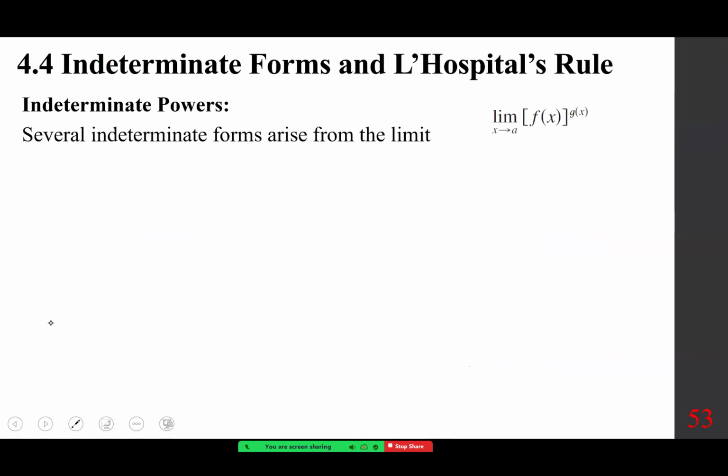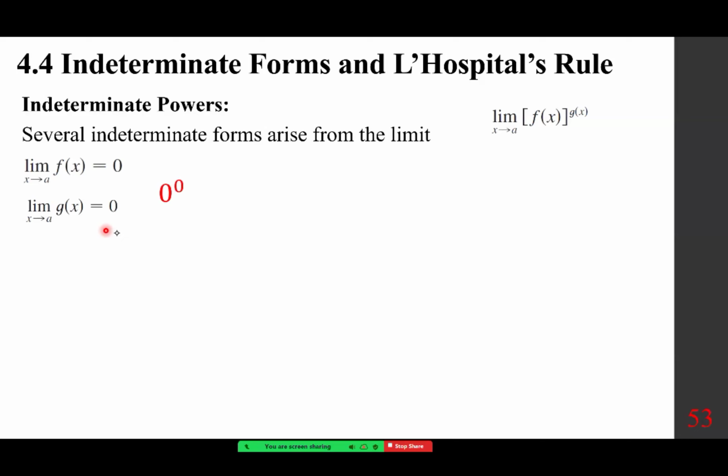All right, we have indeterminate forms that are indeterminate powers. Several indeterminate forms arise from the limit of f of x to the power of g of x as x approaches a. Limit of f of x as x approaches a is 0, limit of g of x as x approaches a is 0.